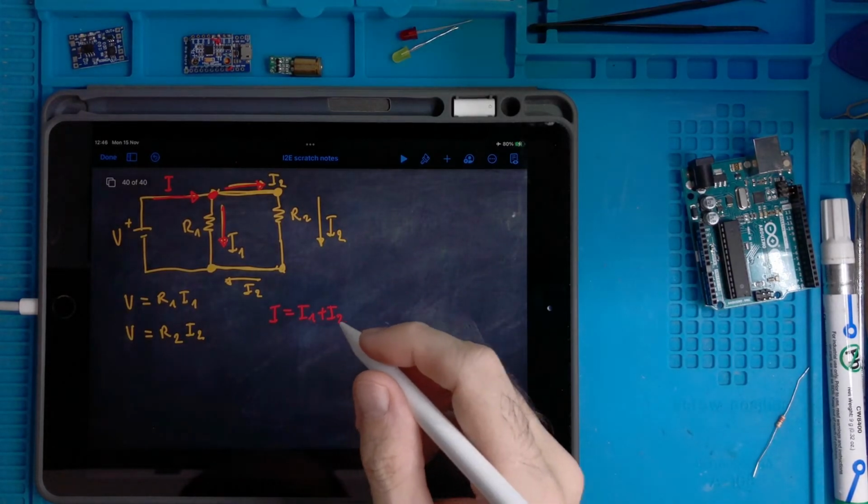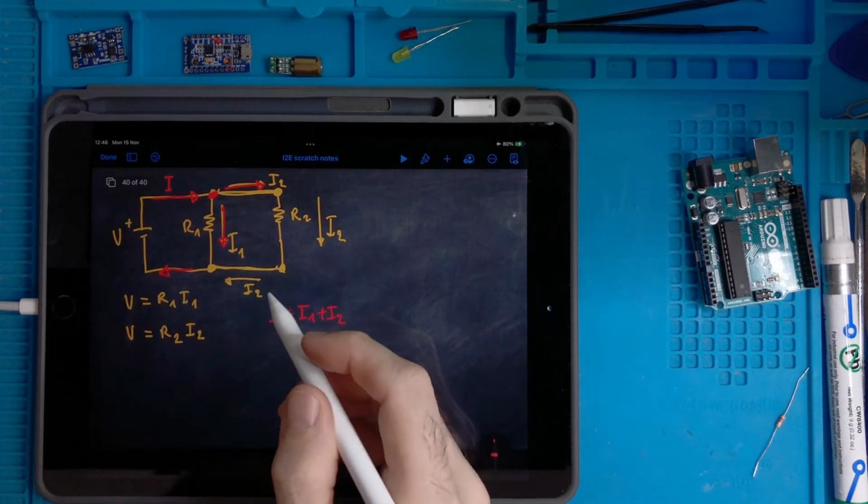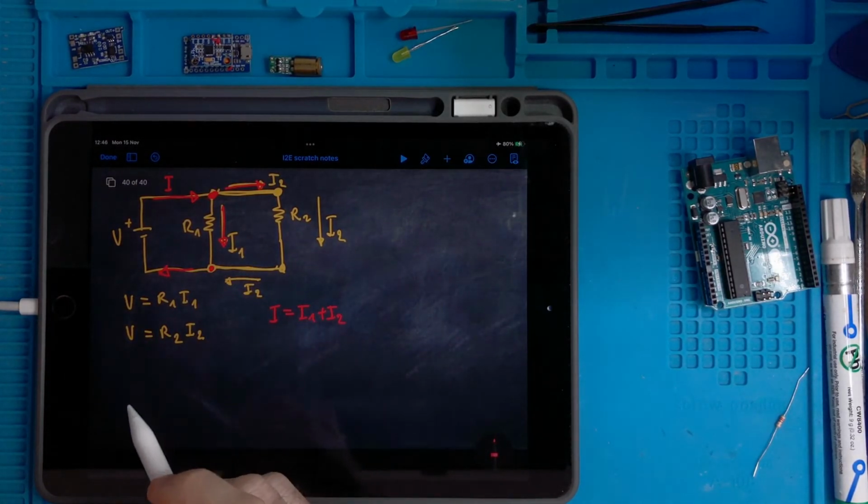And therefore this current is also here because it merges here.